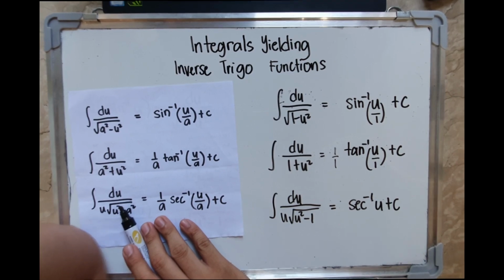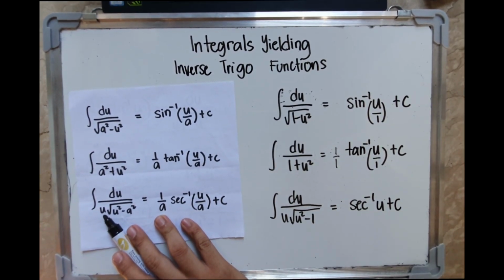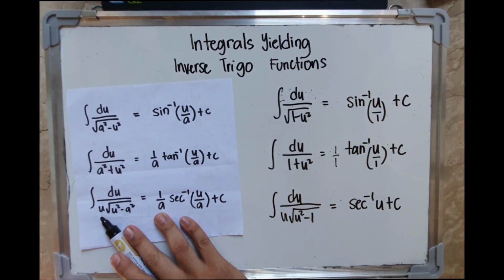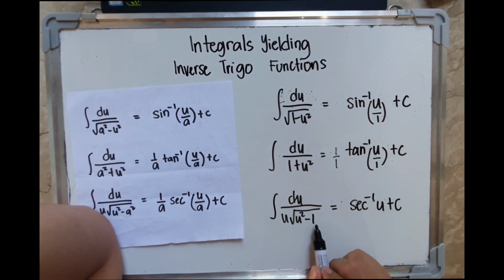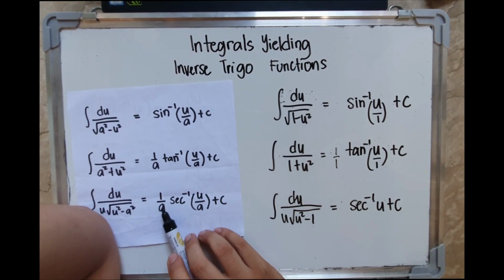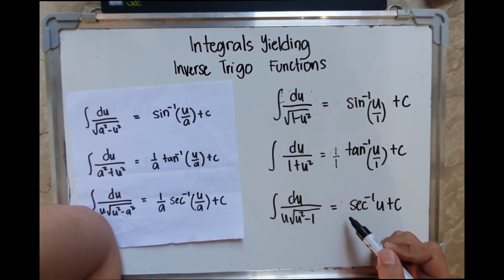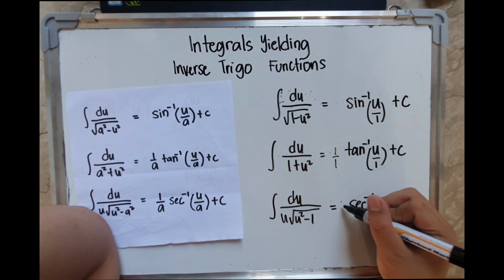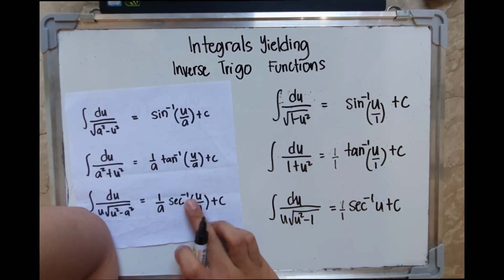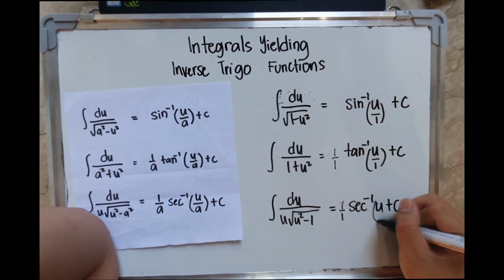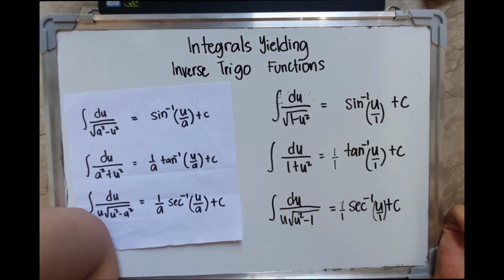And the last one, the integral of du over u times the square root of u squared minus a squared. Here it is 1 over a. In this formula we have 1 over 1, so that is just equivalent to 1. The arcsec of u over a, so this is again with u over 1, plus c.